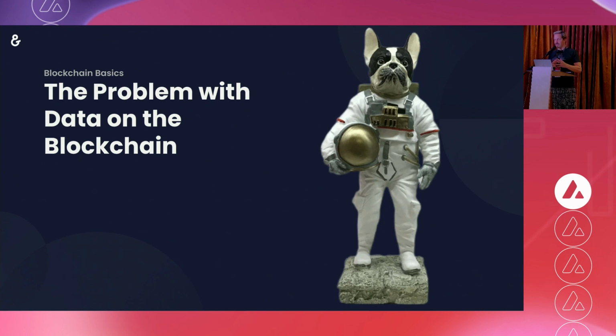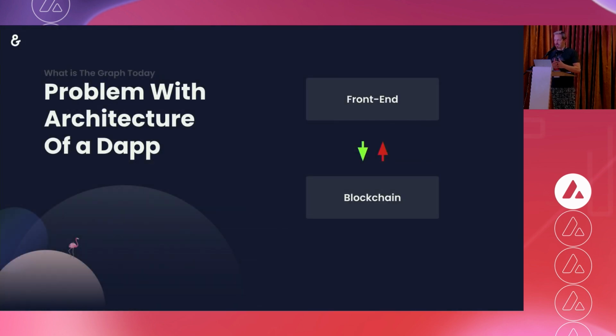The problem with that data is that the blockchain is not incentivized to give us that data. When we send a transaction to a blockchain, we pay some transaction fees, and that incentivizes the miners or the validators to bring that block into the chain. So we have a whole incentivization system around writing to the chain.